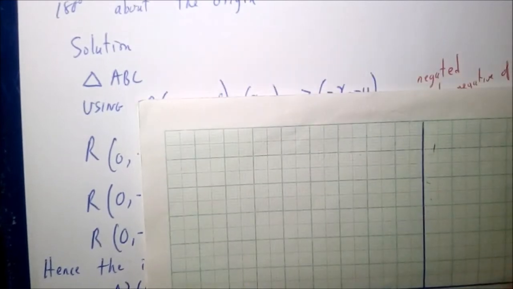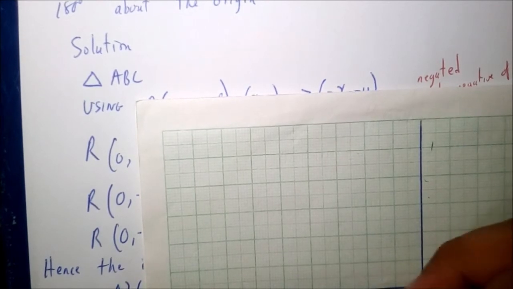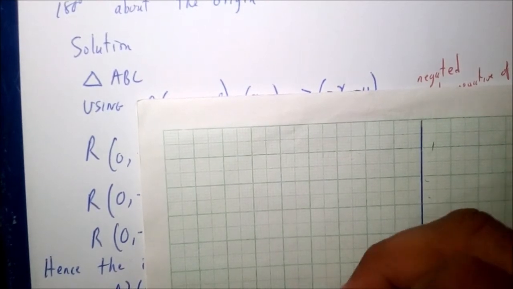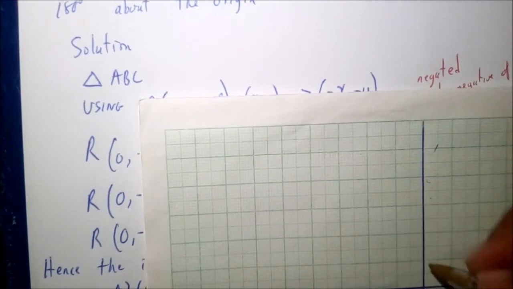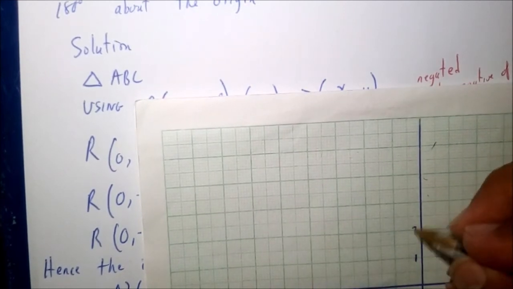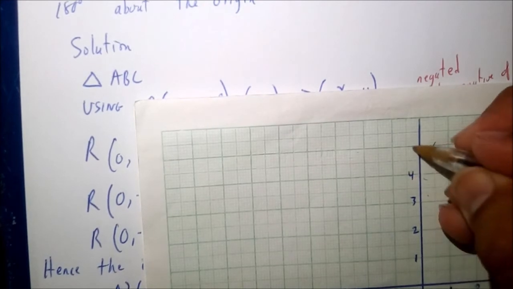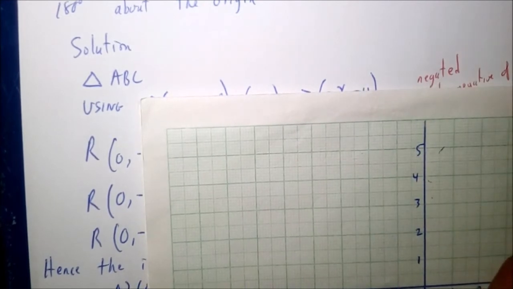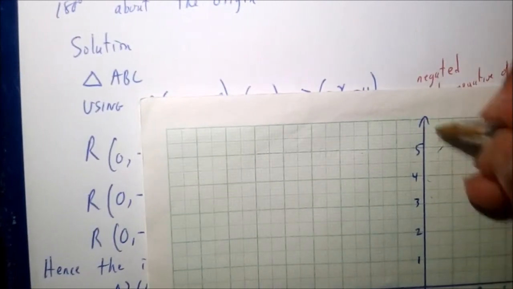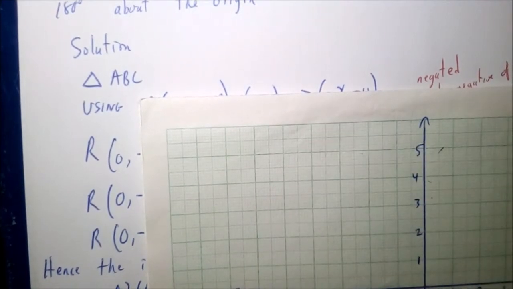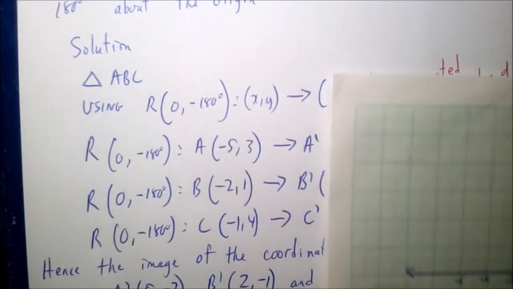So we have 1 2 3 4 5, -1, -2, -3, -4, -5, and the same for y. We put little arrows to show that they continue infinitely, but this is the space we will be working with. So let's start plotting our points.